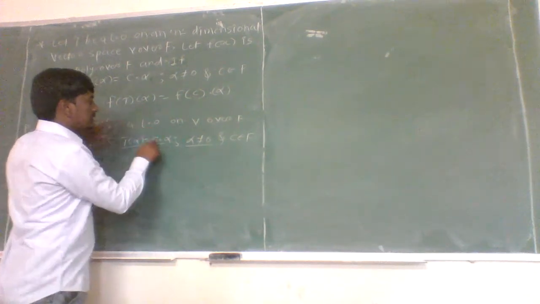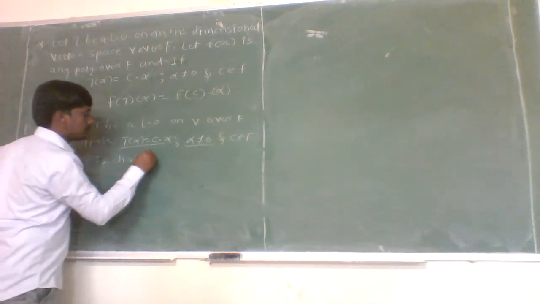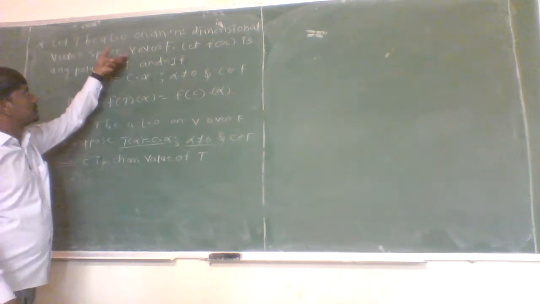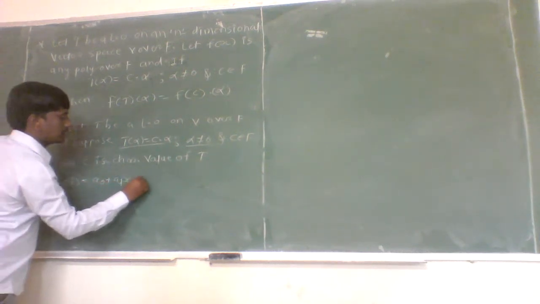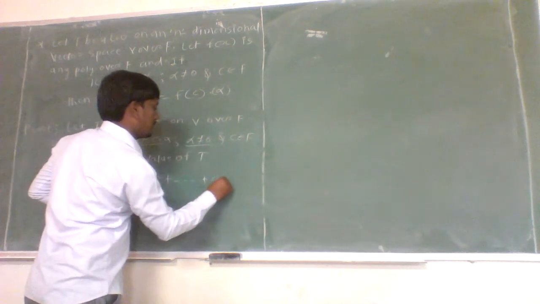Therefore, from this definition, c is nothing but the characteristic value of linear operator T. Now, as given that f(x) is any polynomial over the field F and the dimension of the vector space is n, this polynomial f(x) can be expressed as a0 plus a1x plus a2x squared plus up to so on an x raised to n.